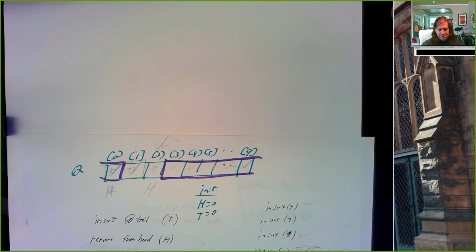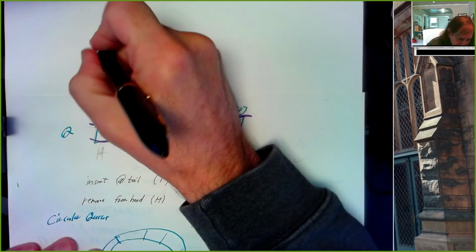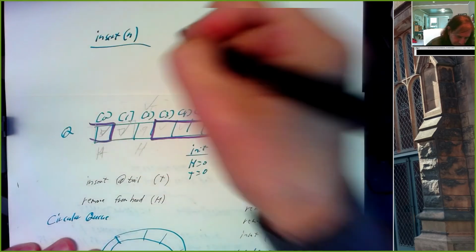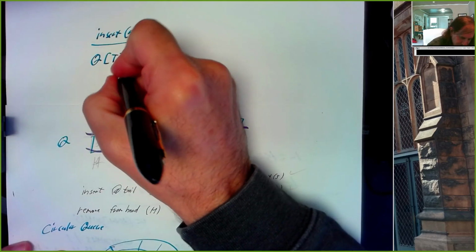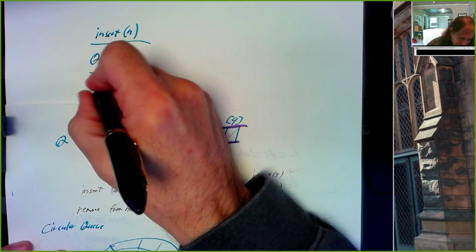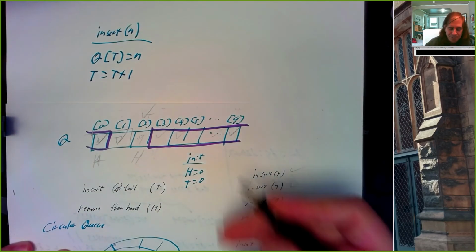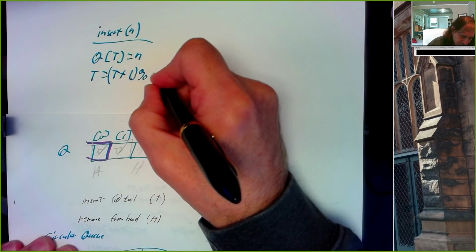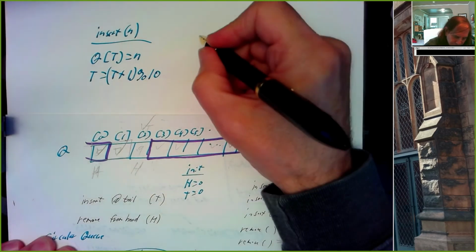Alright, so let's just, in our last 2 minutes, let's do some code. So insert n. Well, we insert at the tail, so q[t] = n, t = t + 1, and then we want to roll over if we go past the n, so t will be (t + 1) modulo 10 in this case, or whatever the size of your q is.